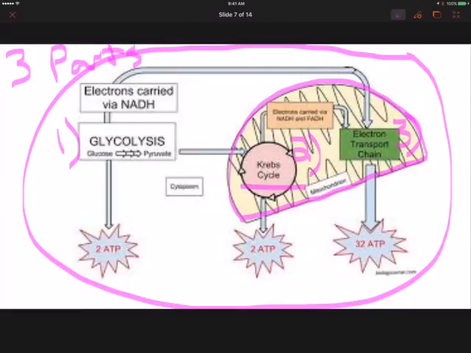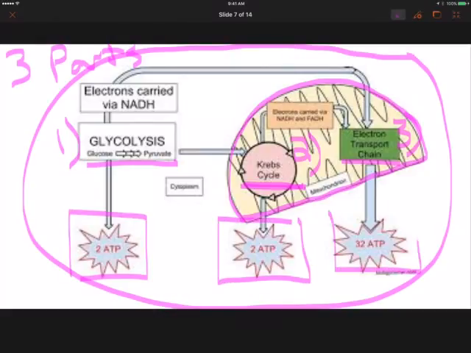Now you guys are a little bit familiar with the electron transport chain because it happens in the light-dependent reaction of photosynthesis. So the 3 parts are going to be glycolysis, the Krebs cycle, and the electron transport chain. You can see from this picture that all 3 parts produce some ATP.